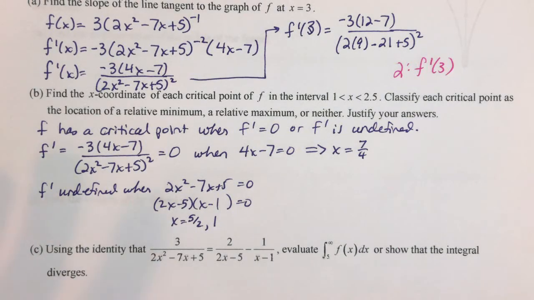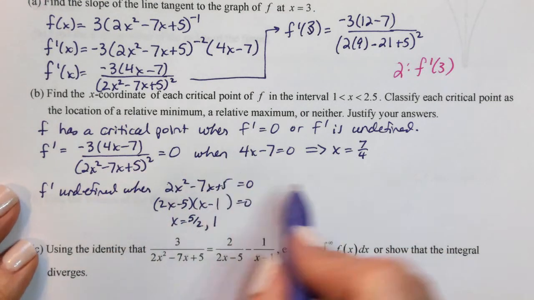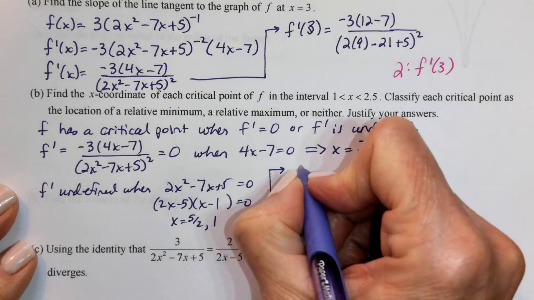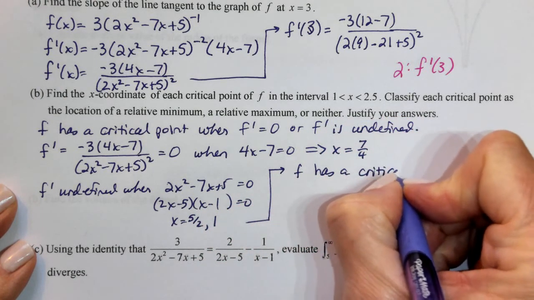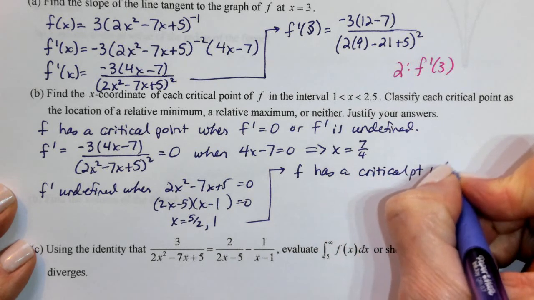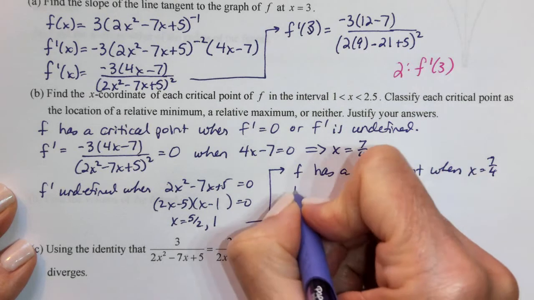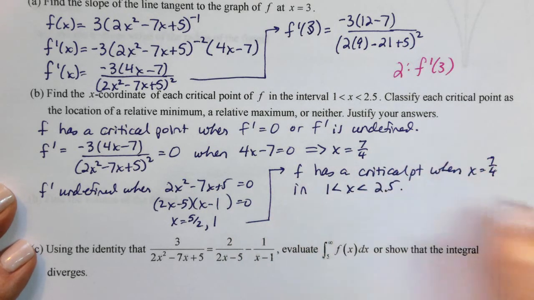So our only critical point, I will say f has a critical point when x is 7/4 in the interval 1 to 2.5.